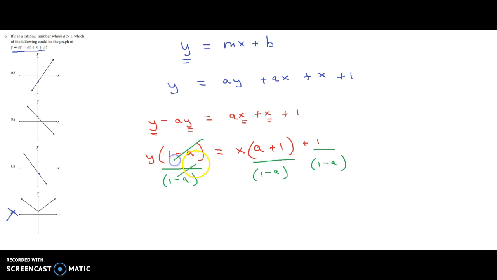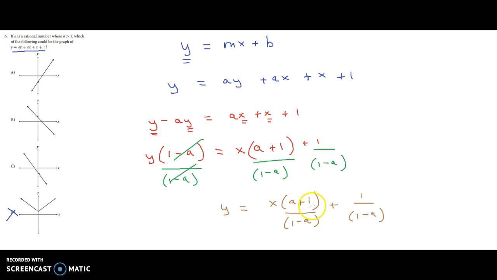So that cancels out, leaving us with, let's switch colors up again, we'll do brown, y is equal to x times a plus 1 over 1 minus a, and then plus 1 over 1 minus a.